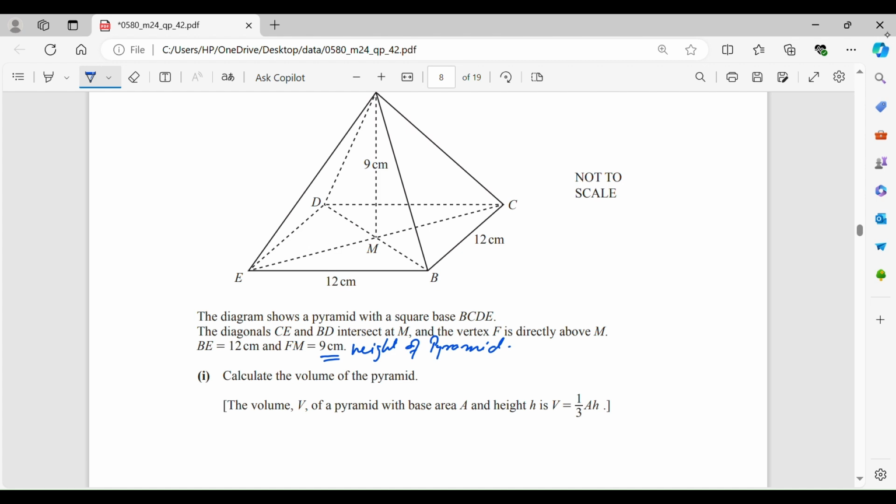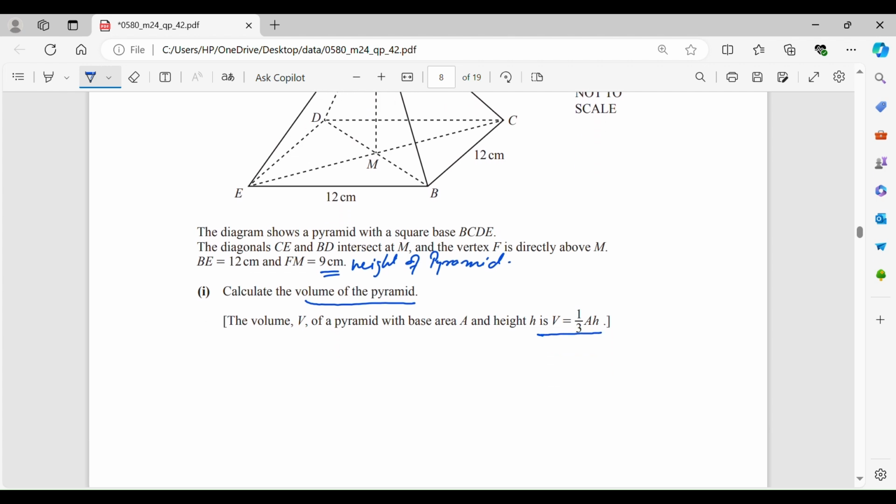Calculate the volume of the pyramid. We have already been given the formula, where A is the area of the base. The base is a square, so the area of the base, A, will be equal to side into side, which is 12 into 12, equal to 144.